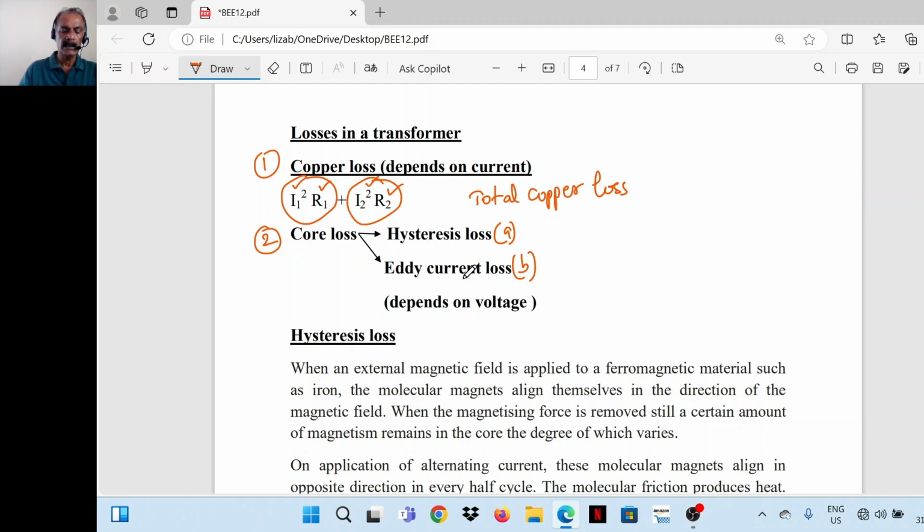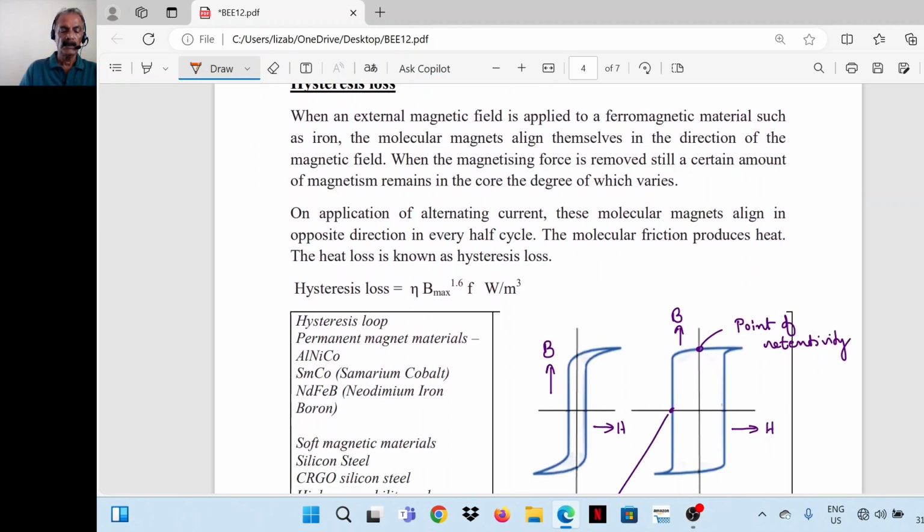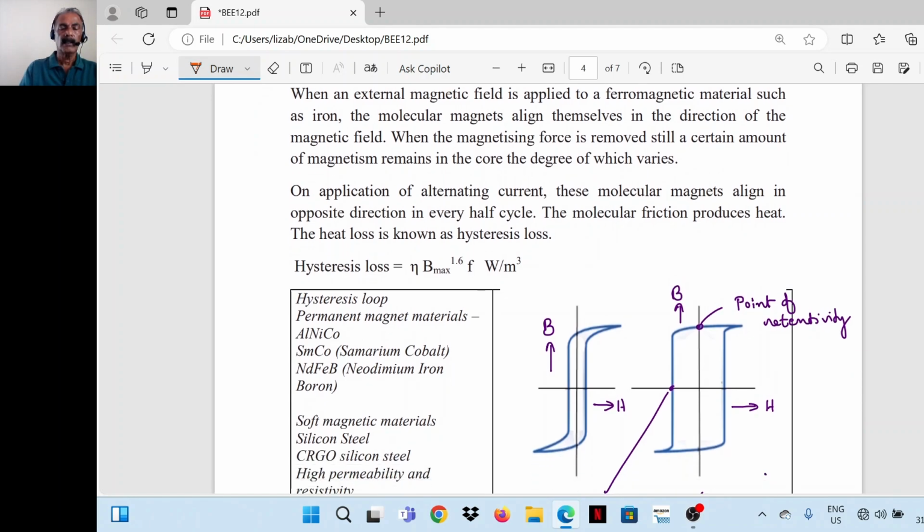So what is hysteresis loss? Here one definition is given: when an external magnetic field is applied to a ferromagnetic material such as iron, the molecular magnets align themselves in the direction of the magnetic field. When the magnetizing force is removed, still a certain amount of magnetism remains in the core, the degree of which varies.